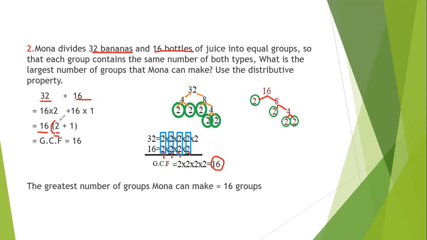So the number of bananas inside each bag is 2, and the number of bottles inside each bag is 1. So the GCF is 16, and the greatest number of bananas is 2 inside each bag. The greatest number of bottles inside each bag is 1 bottle.